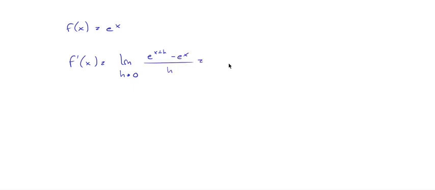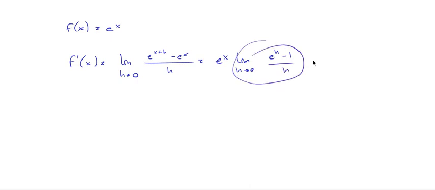But then we can take the common factor e to the x out: the limit when h goes to 0 of e to the h minus 1 divided by h, but we know that this is 1, so this is e to the x. That's why the derivative of e to the x is the same function, and that's actually the only function that has this property. That's a very interesting one.